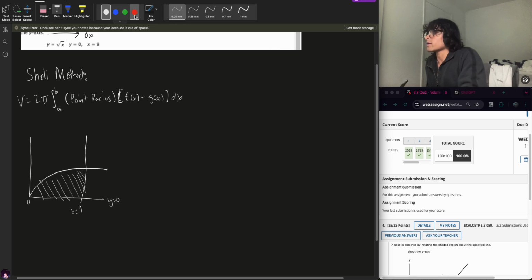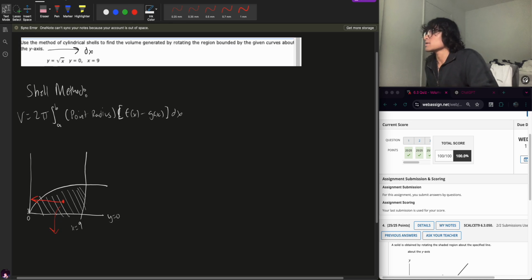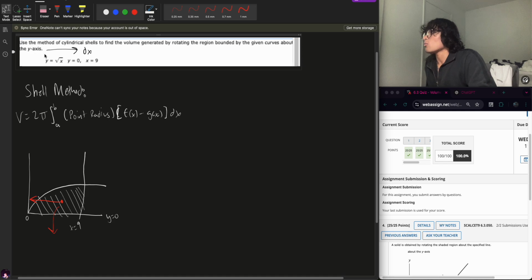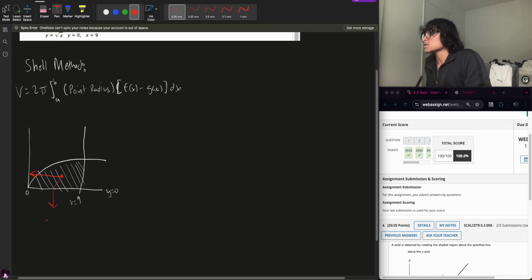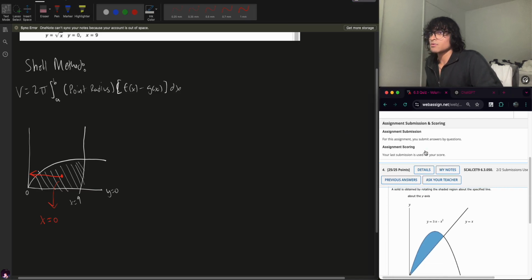First, we want to find our radius, which is right here. Since there is no specified number, it's just going to be x equals 0. I'm going to check something real quick.